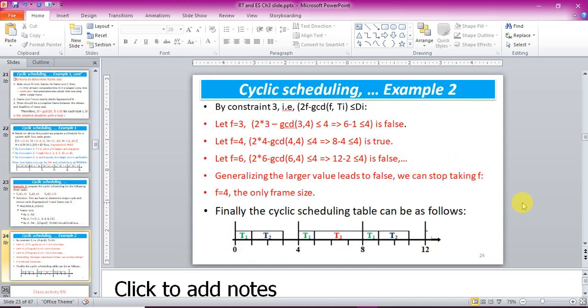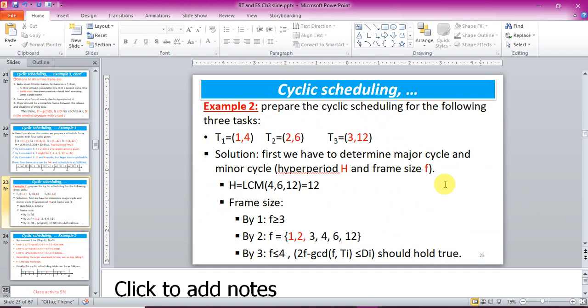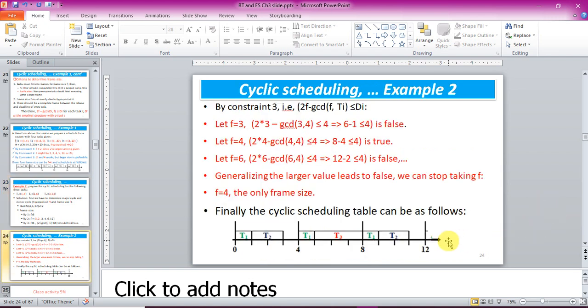For example, given tasks with their parameters, we have to find the hyperperiod. Then by the three criteria we calculate the frame size, and after obtaining this frame size we create the schedule table.